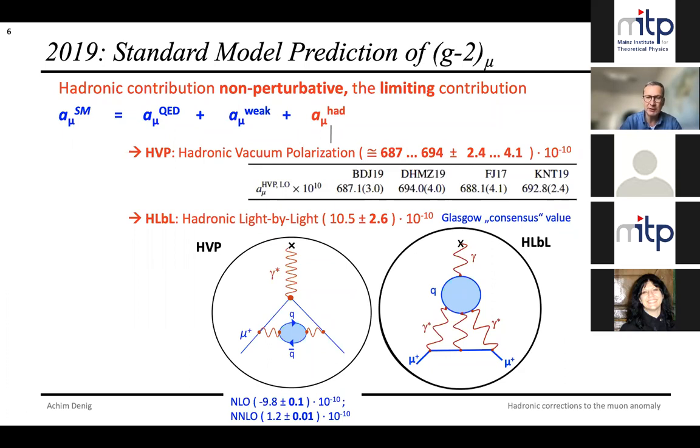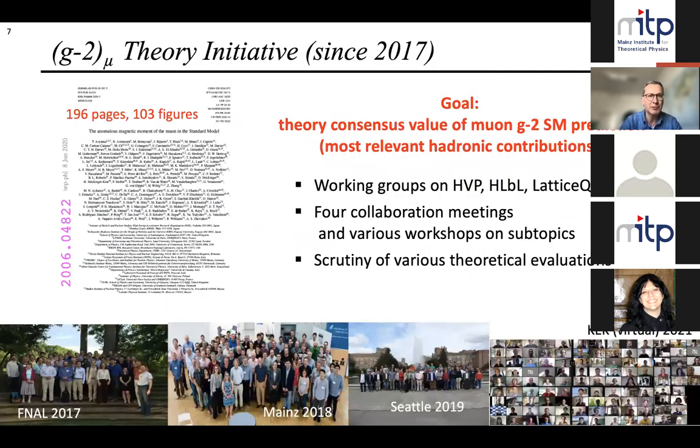Before doing so, I would like to introduce a big initiative which started a couple of years ago, which is the G-2 theory initiative. The goal of this theory initiative is to come up with a theory consensus value for the muon G-2 prior to the upcoming new Fermilab experiment. So a group of people got together.